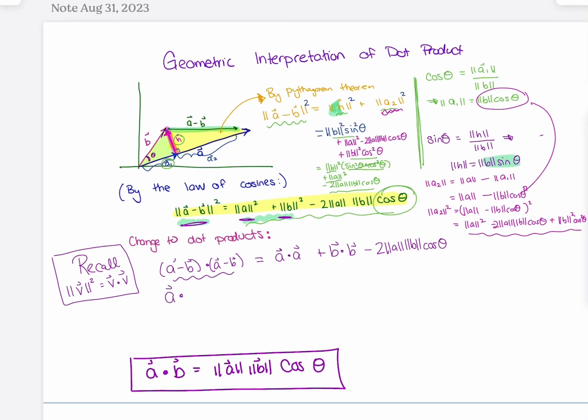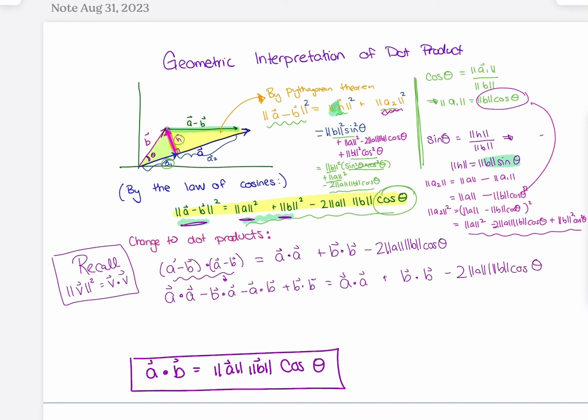So I get vector A dot A minus B dot A and then minus A dot B, and finally plus B dot B. So that's just doing out this distribution, and that should be equal to A dot A plus B dot B minus 2 magnitude of A, magnitude of B, cosine of the angle in between.